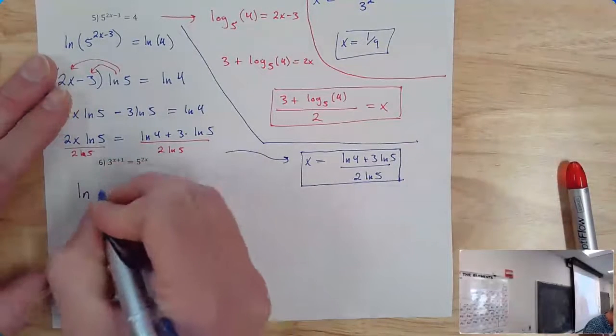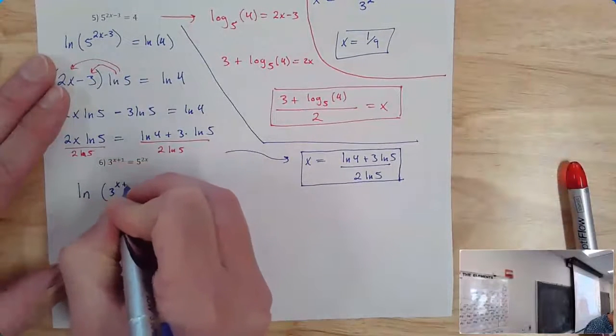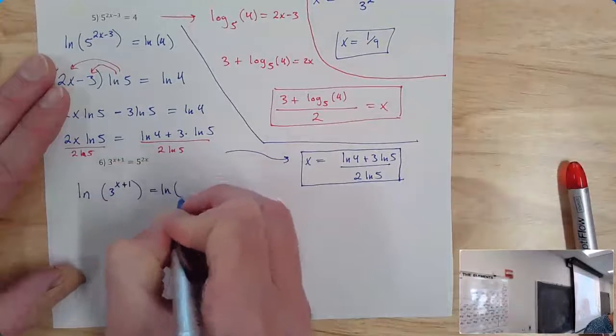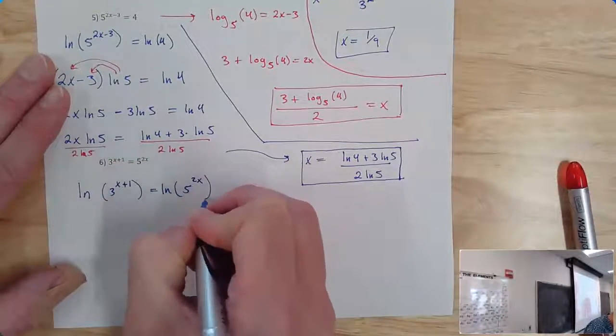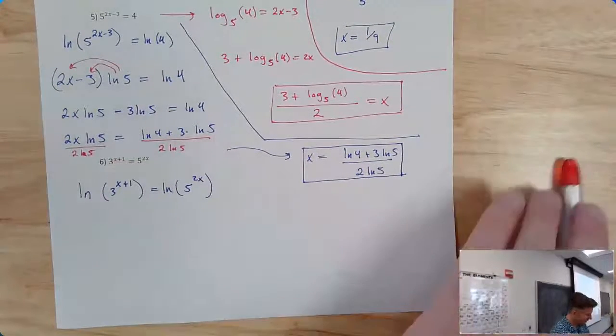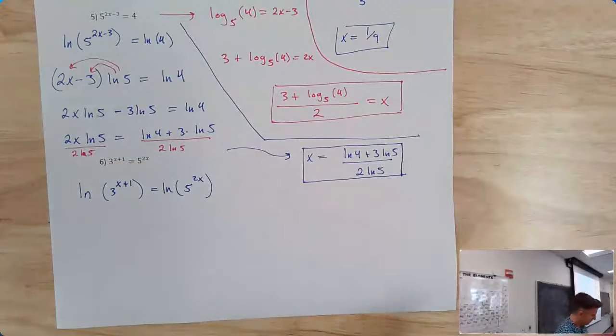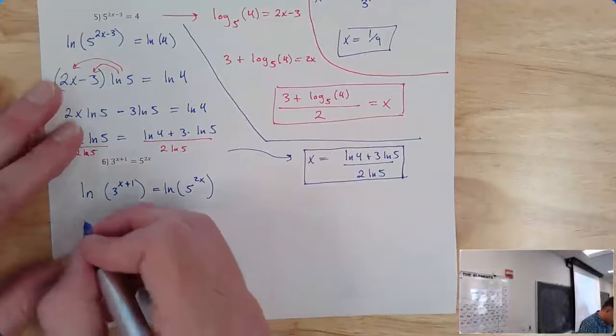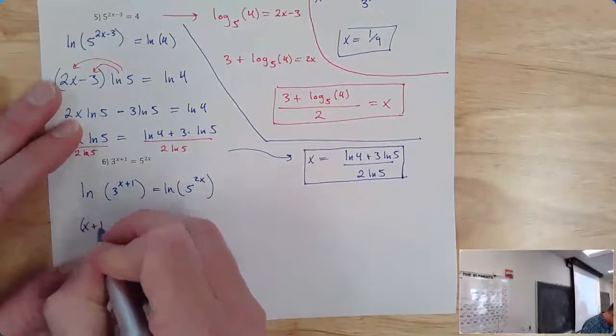So natural log of 3 to the x plus 1 is equal to the natural log of 5 to the 2x. I will warn you, this one does get a little bit messy. So we're going to bring down the powers on both sides. So I'm going to have an x plus 1 in parentheses.